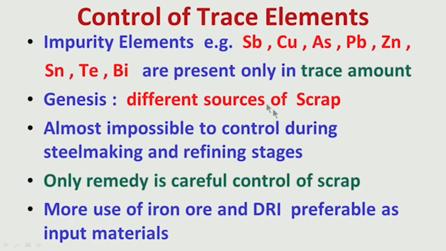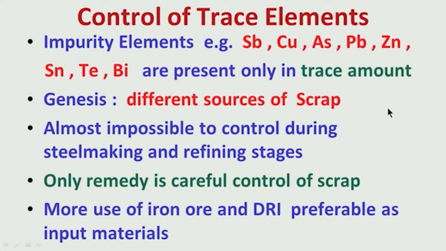Now another issue is trace elements. I have mentioned that these impurity elements, namely antimony, copper, arsenic, lead, zinc, tin, tellurium, bismuth, are present only in trace amounts. So these are called trace elements. Now what is the genesis of these elements? These are basically coming into steel from the different sources of scrap.